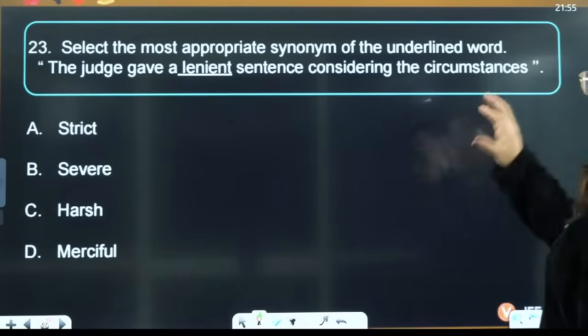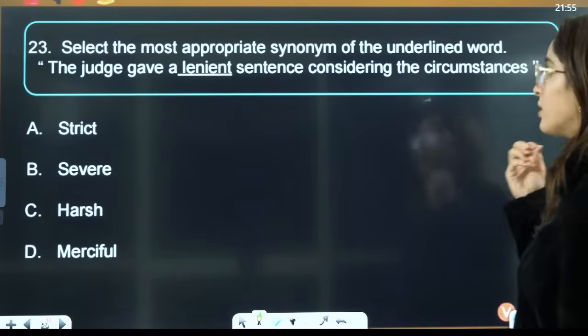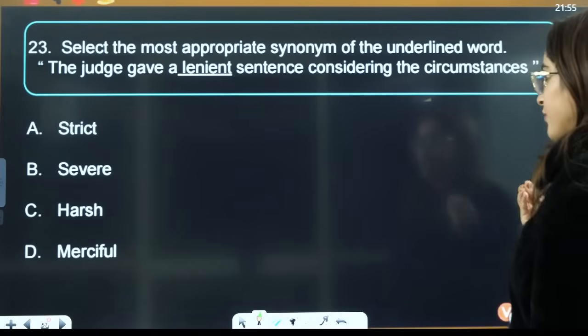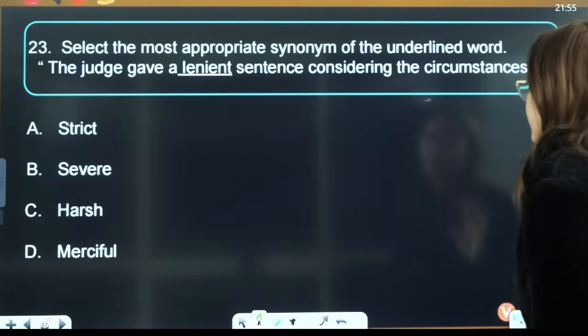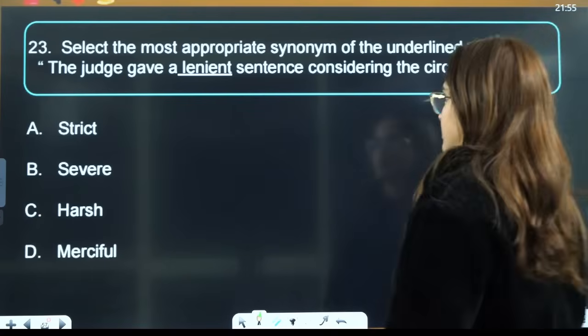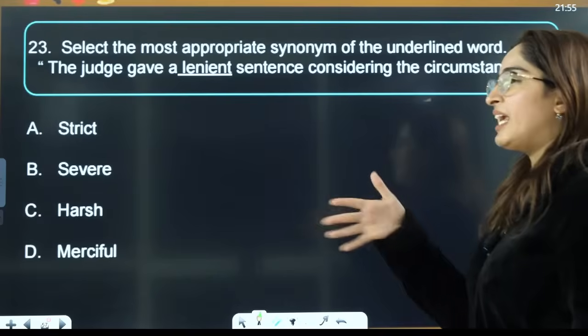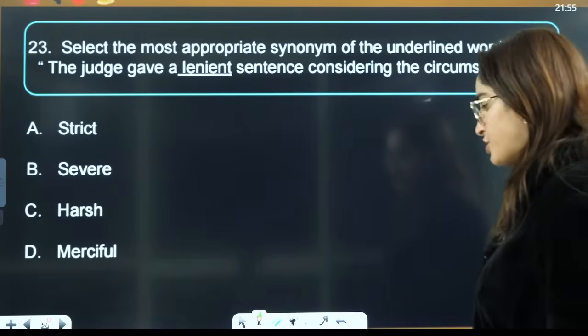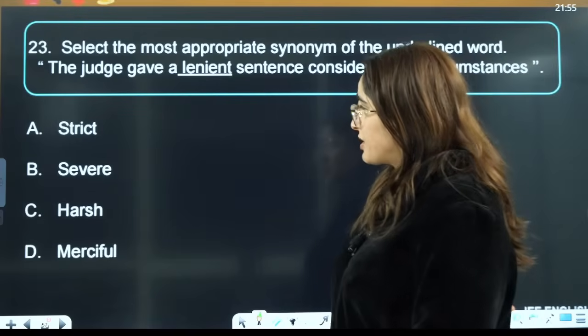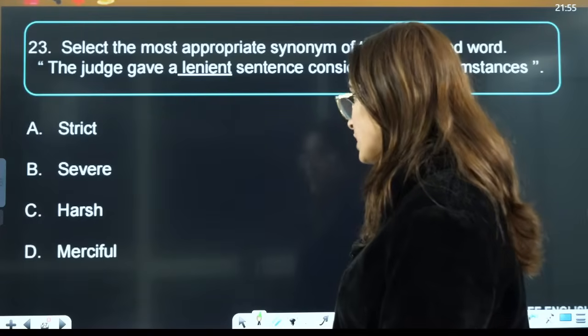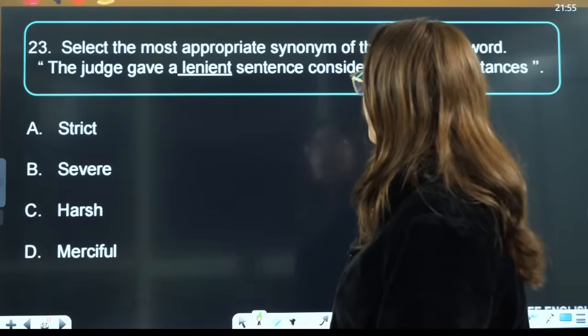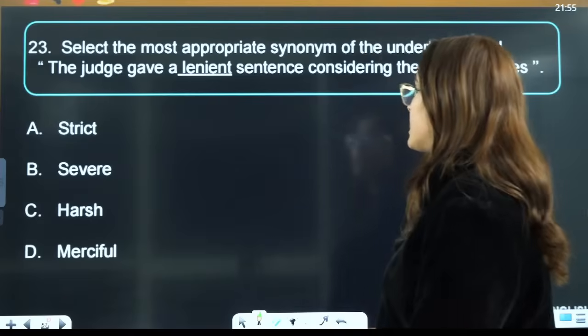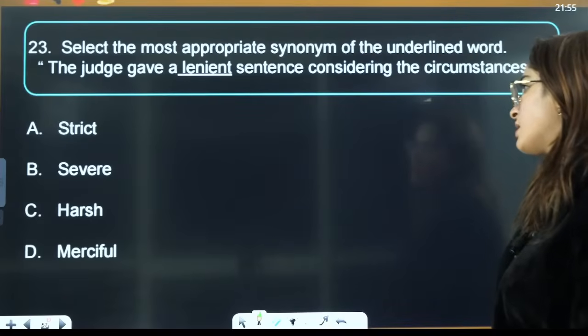Select the most appropriate synonym of the underlined word. The judge gave a lenient sentence considering the circumstances. Right? Lenient, easy, not that harsh. So options are strict, severe, harsh, merciful, right? Lenient is not severe.